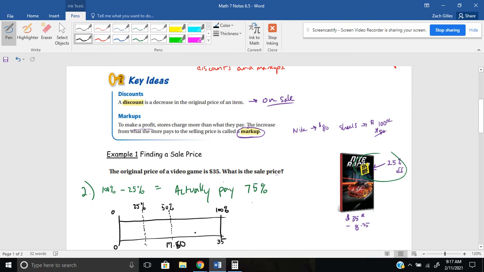So what is 17.50 divided by 2 then? Because this represents half, 25%, half of that half, would be 8.75. Well, that's exactly what I got before. Okay, 8.75 is the discount. That's how much money I get subtracted from my total. So it's reasonable, it makes sense.